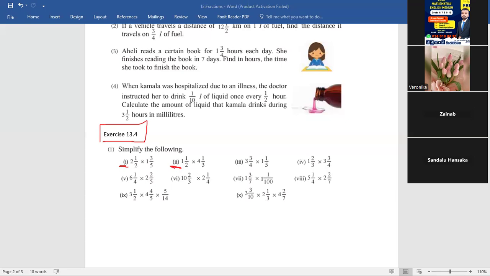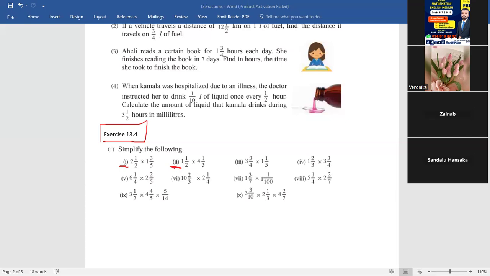Now send me the answers. After that you have to do the second one.